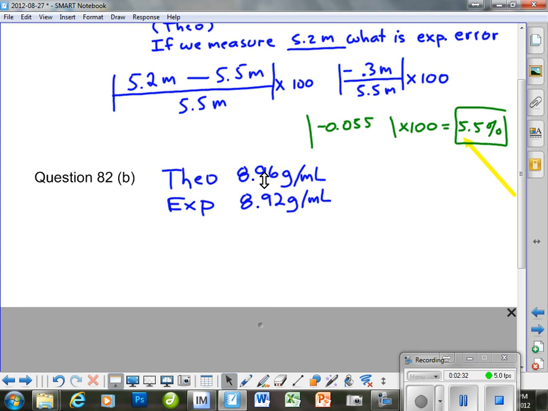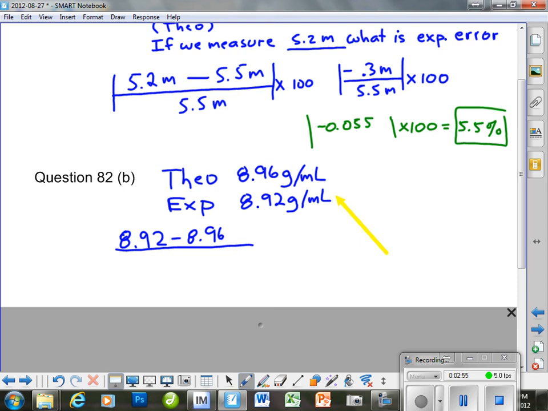Now, here's 82, and I'm just going to go right into it. Experimental value, which we see right here, is 8.92. And we're going to subtract the theoretical value, which is 8.96.